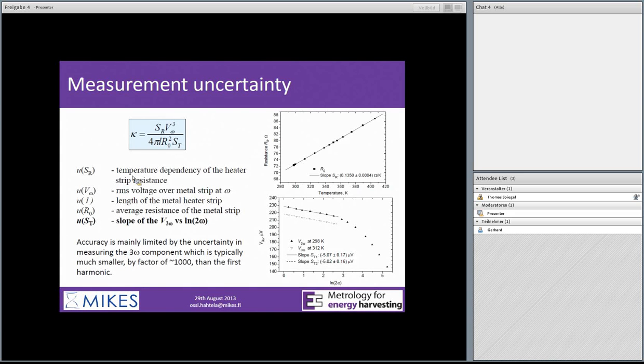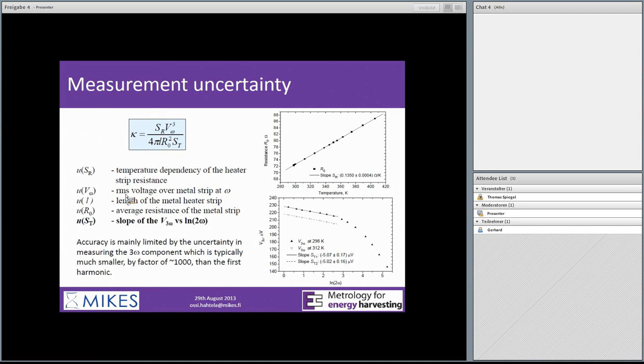First of all, there's the temperature dependency of the heater strip resistance, which has been determined by measuring the resistance value of the heater strip at different temperatures. The temperature dependence is typically quite nicely linear throughout the whole temperature range, and we can determine it quite accurately.